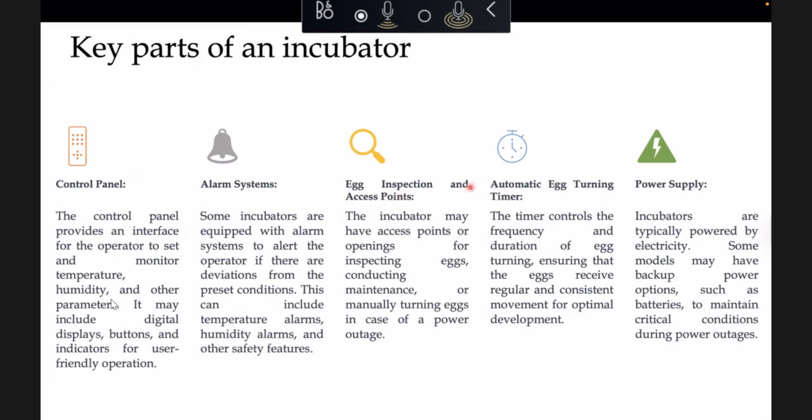Then the automatic egg turning timer. As we know, the egg should be turned regularly. In the automatic system, the eggs are turned every hour, in fact.